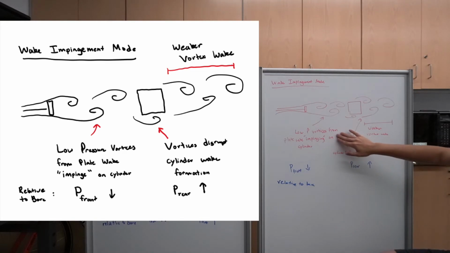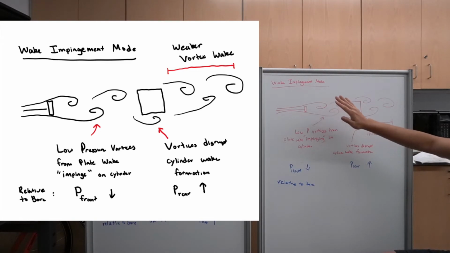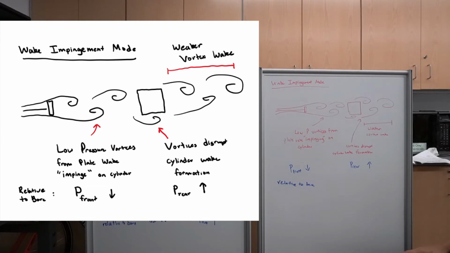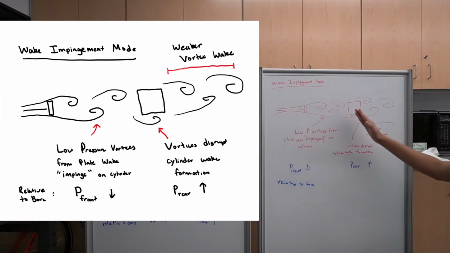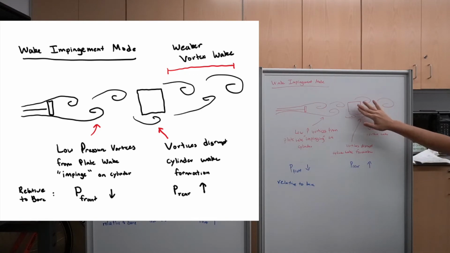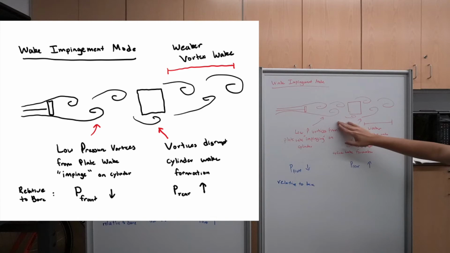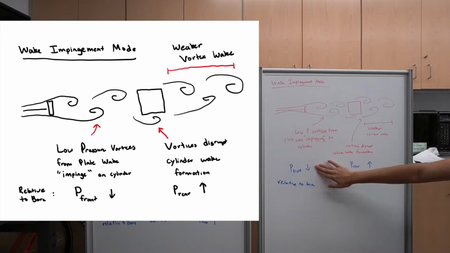Instead, we're going to get a wake from the plate of low pressure vortices, and these low pressure vortices go downstream and impinge onto the face of our square cylinder, hence the name wake impingement mode. Now, because these low pressure vortices are lower pressure than the flow that we saw in our bare cylinder, this decreases the pressure on the front face as well.